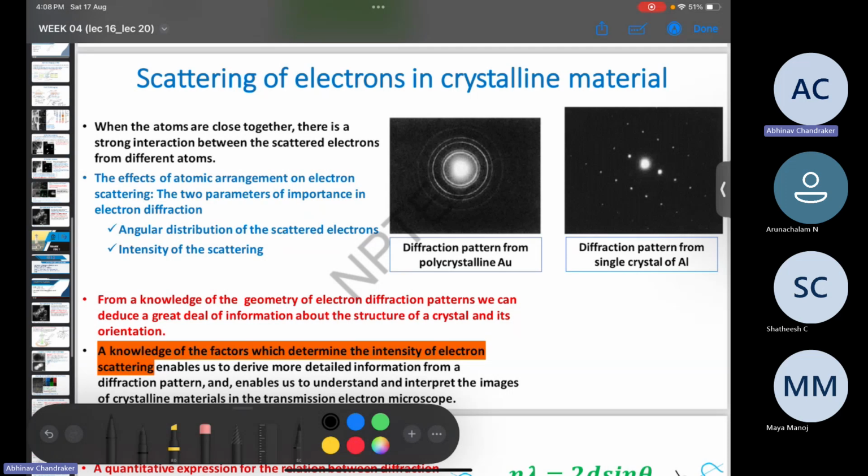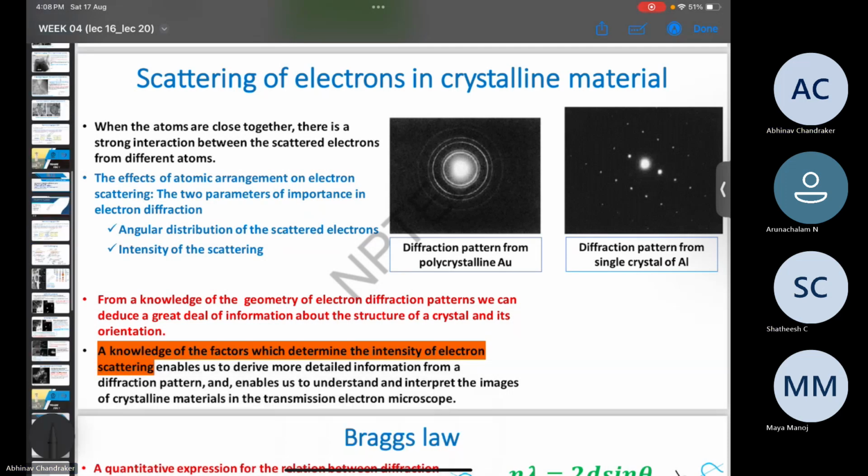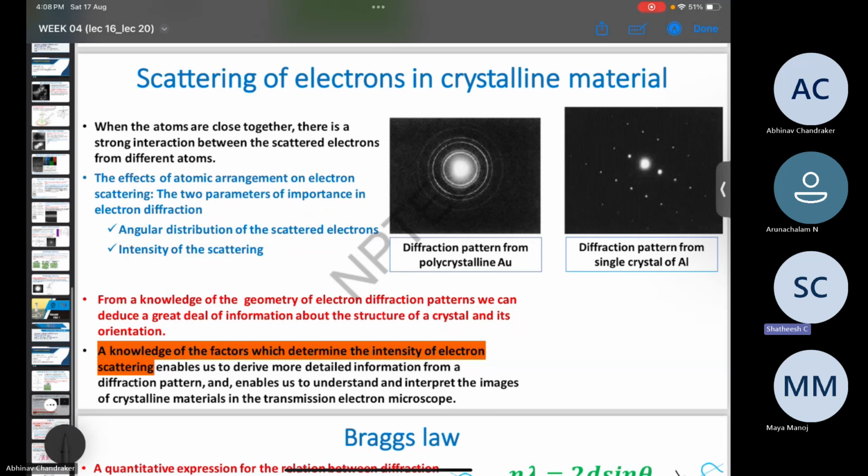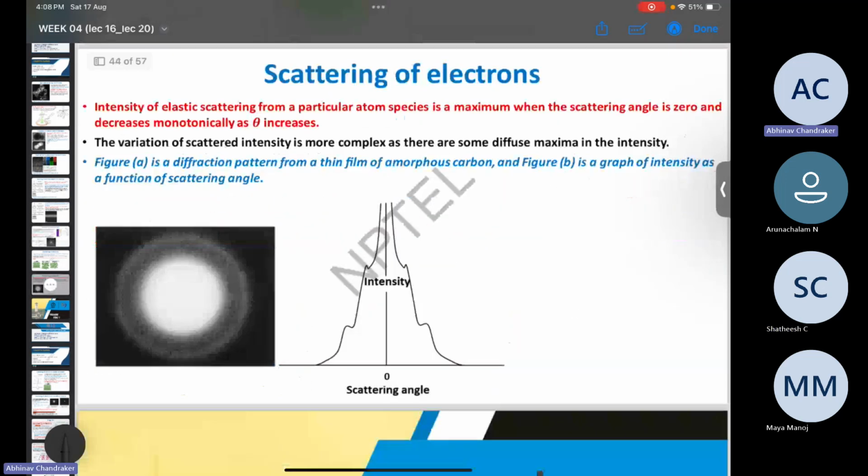In case you have amorphous samples, we'll have this kind of diffraction pattern. There will majorly be one maximum near the center.